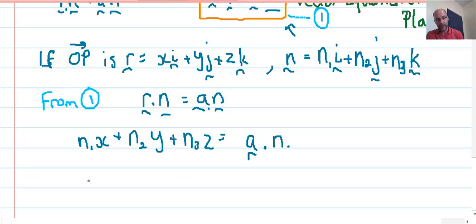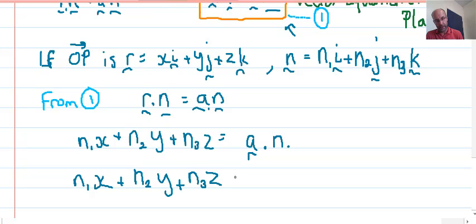And that's essentially it. So the actual widely used form of the Cartesian equation, which we virtually have now, is written or used as such.